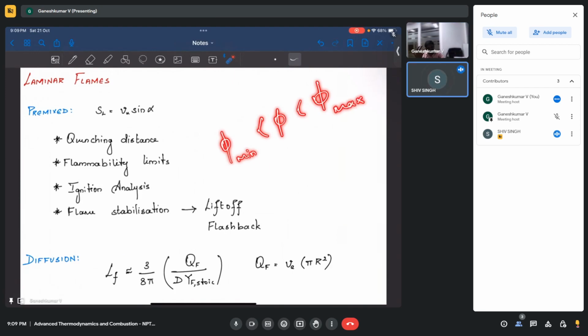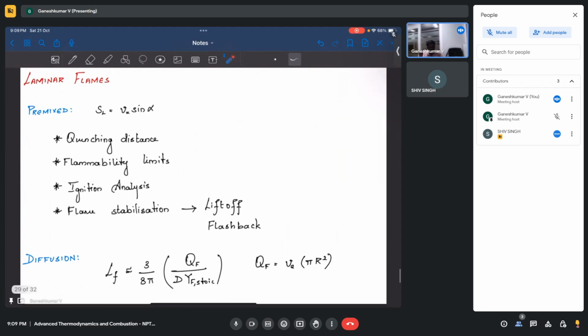Within this equivalence ratio only can you have a proper flame. That is given by the flammability limits, determined experimentally for any flame.